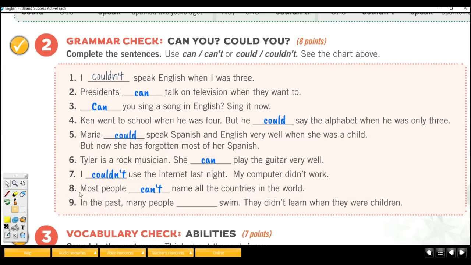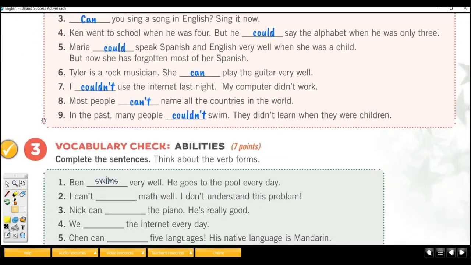In the past, 과거에서, in the past, many people, they didn't learn when they were children. Okay, when they were children, 어렸을 때 안 배웠으니까, what do you think? Could or couldn't? In the past, many people couldn't swim. Okay, I hope you did good on that one. Let's do some more practice down here.